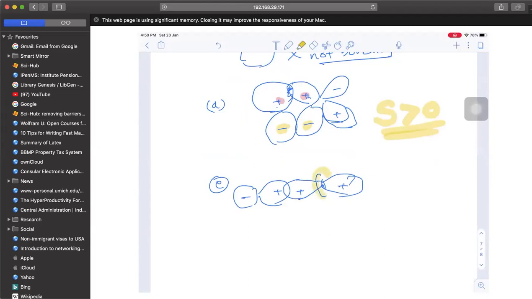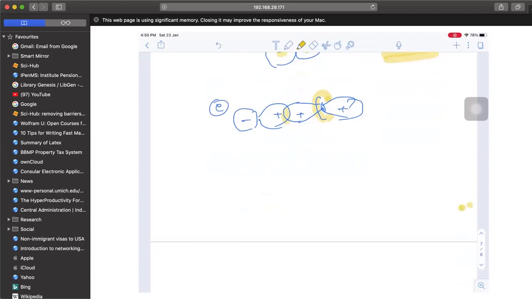This is the dz square, the negative lobe of dz square. So will the overlap integral be non-zero is the question, and obviously the overlap integral will be non-zero, because you have the positive lobe overlapping with the positive lobe, and when you integrate you get a positive answer.